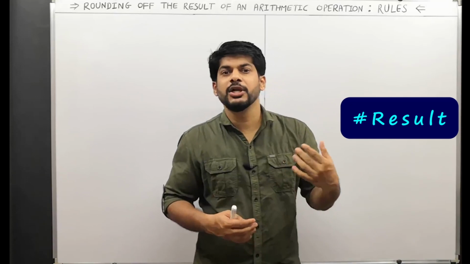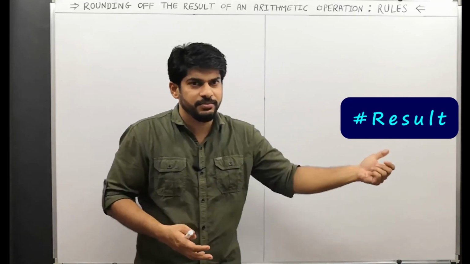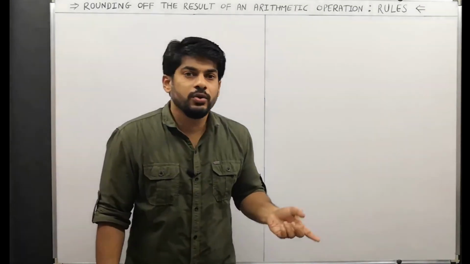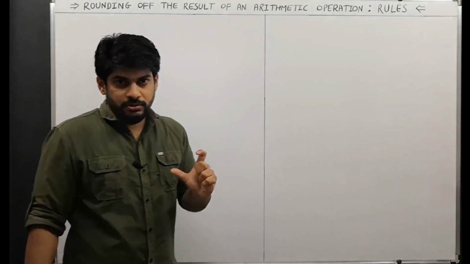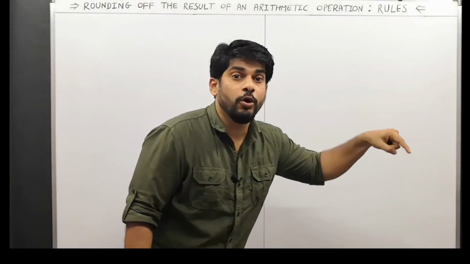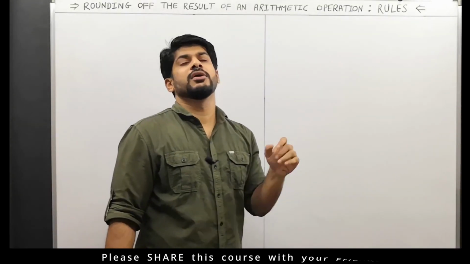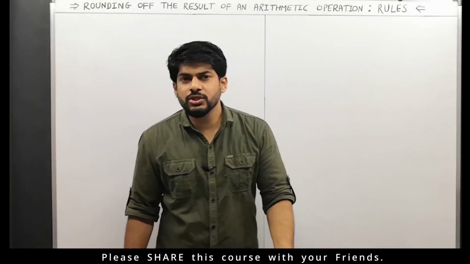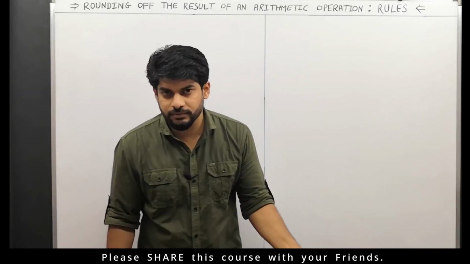When you multiply two numbers or add two numbers, you get some result. Now over here we are going to learn the rules to round off the result of the operation.